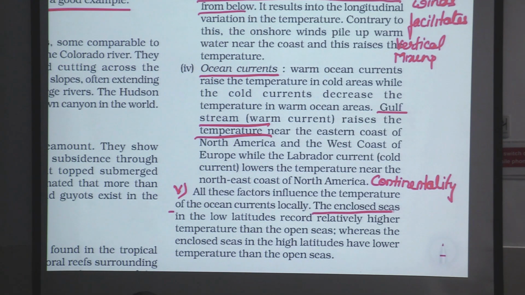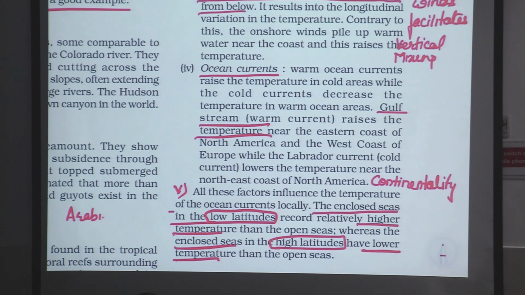Reason: the enclosed sea in low latitude will record higher temperature, whereas the enclosed sea in higher latitude will have lower temperature. Remember, the Arabian Sea will be warmer than the Sea of Okhotsk. You have to take reference of what we have learned in temperature anomaly earlier.